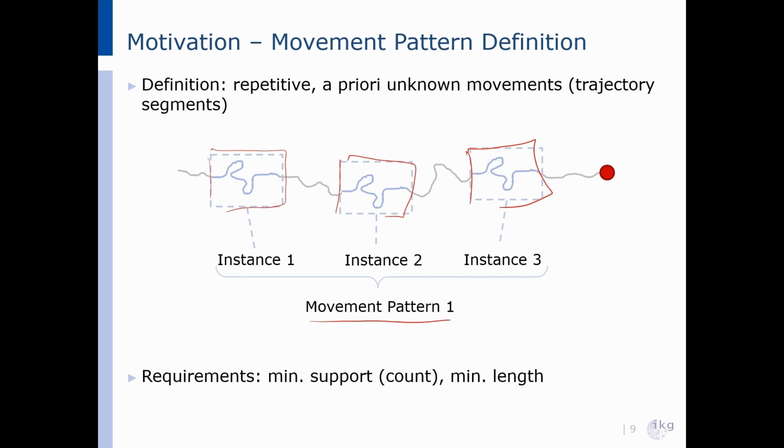And here we can also define some requirements. The first one is that there should be a minimum support or support count. And on the other hand, there should be a minimum length of the pattern. The support count means how many instances should appear in the data set. And the minimum length is rather obvious. We want to define how long this trajectory part should be.